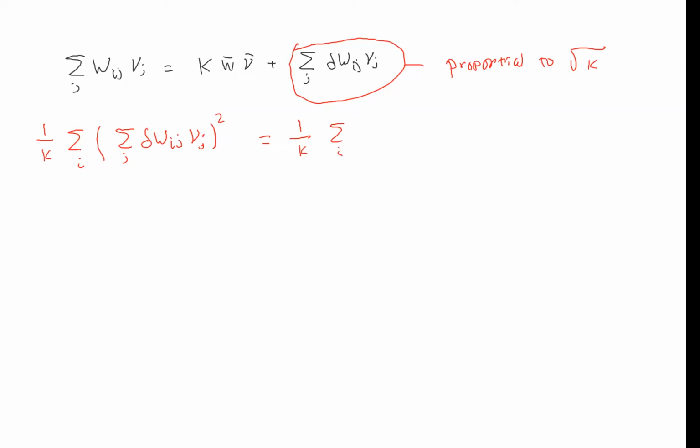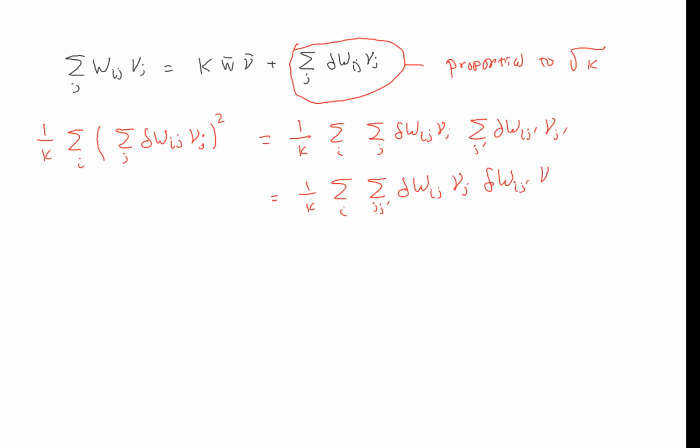The square of this thing is a sum on j of delta wij nu j times the sum on j prime of delta wij prime nu j prime, which we can write as 1 over k, the sum on I, the sum on j, j prime, delta wij nu j, delta wij prime nu j prime.